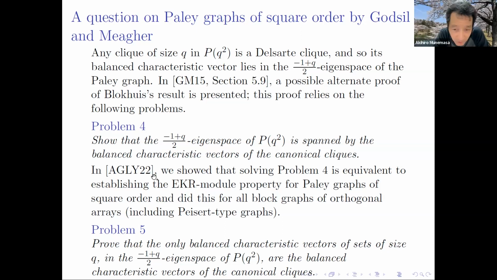But it says that it is only equivalent to some other property, but then you prove that some other property is true. We prove directly for all block graphs of orthogonal arrays that the balanced characteristic vectors of canonical cliques span the corresponding eigenspace. So we didn't consider Paley graphs in a particular way.